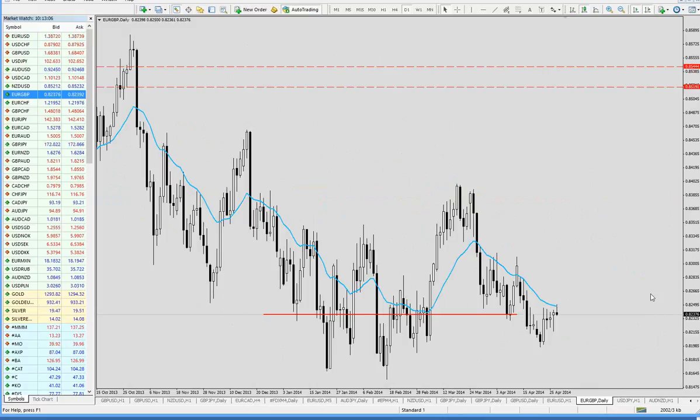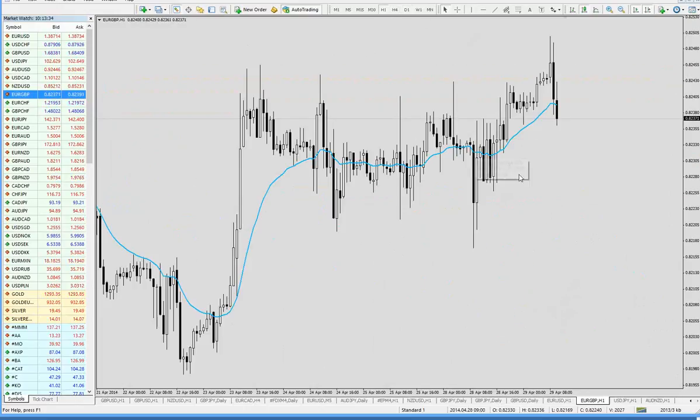Euro British pound, as long as it's just a nasty range, 4-day. We are trying to make breakouts, now back to the range, right? Okay, so if we are here, as we had some nice trades on this last week.